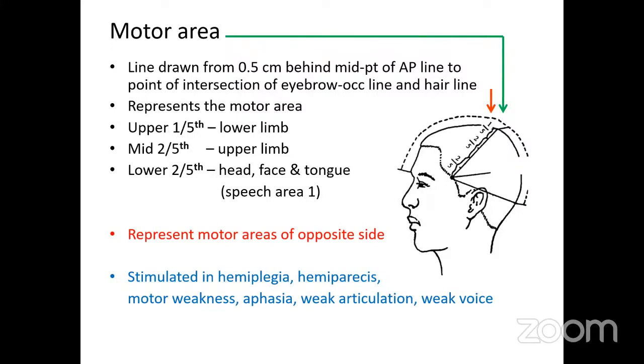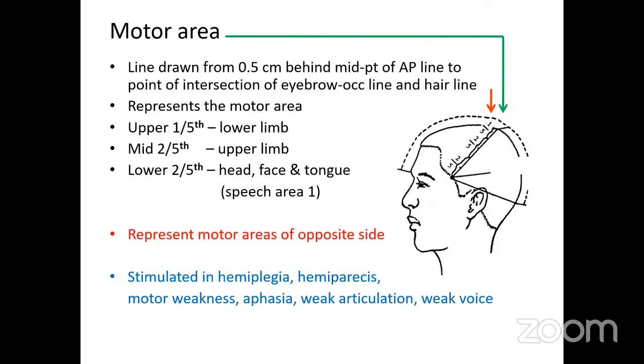It is a little difficult in males, particularly with a receding hairline, and easier to understand in females. So you have to anticipate or imagine where the hairline may be in a balding person like me. The line from 0.5 centimeters behind the midpoint of the AP line to the hairline, at the point where the hairline is intersected by the eyebrow-occipital line, is called the motor area.